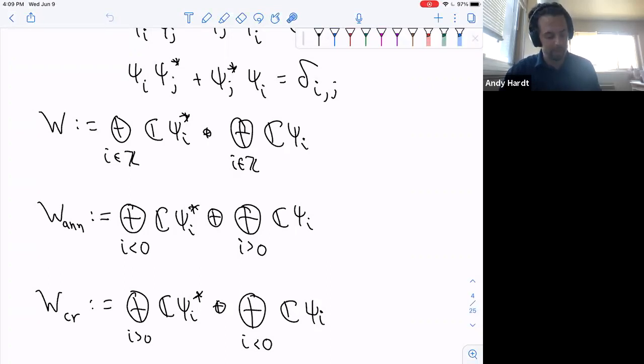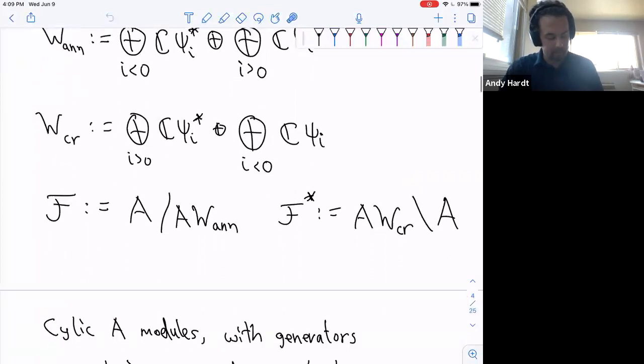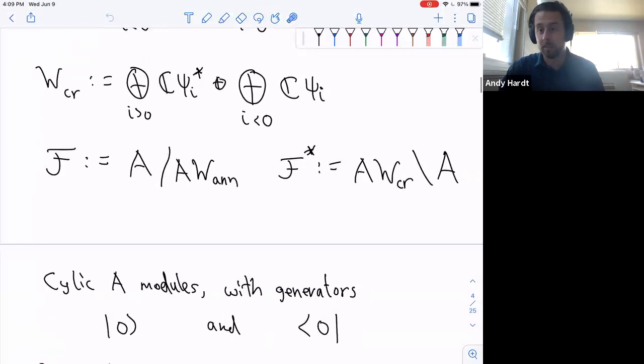So when we mod out by these two subspaces, we get a left A module here and a right A module here. And these are our Fock space and our dual Fock space. And so these modules are both cyclic, and their generators we're going to call ket 0 for F and bra 0 for F star.